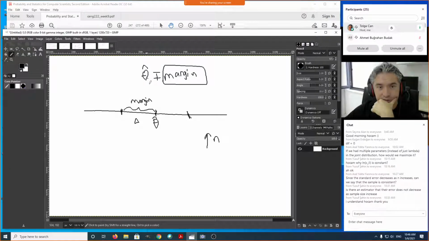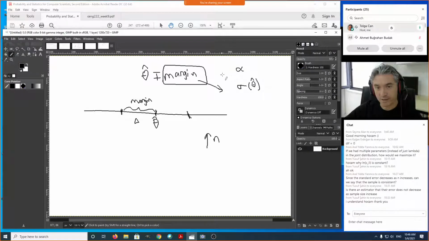Whatever the standard error of this is, this margin is going to be computed. It depends on a couple of things. For example, it first depends on alpha. What is your confidence level? And what is your standard error? Okay, so these are the two things that the margin depends on.